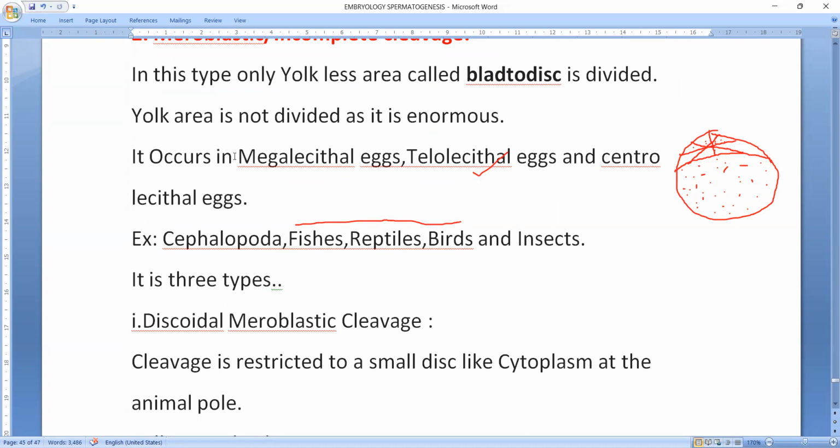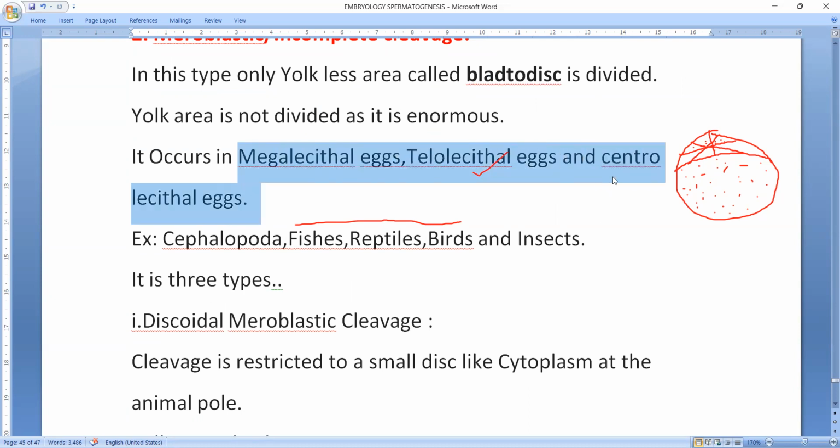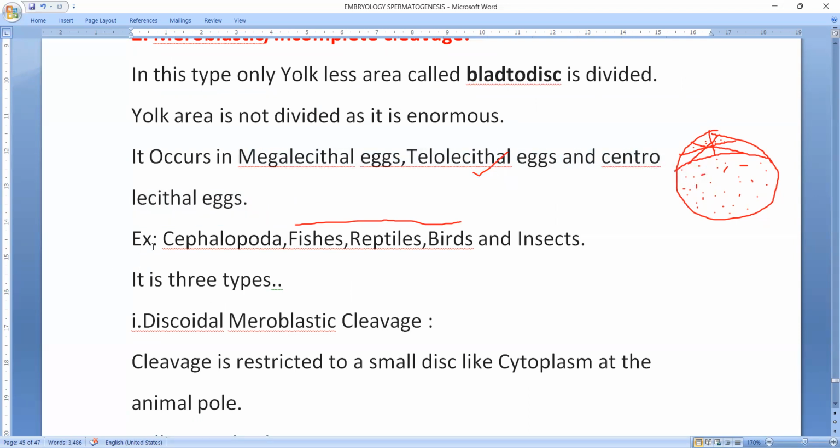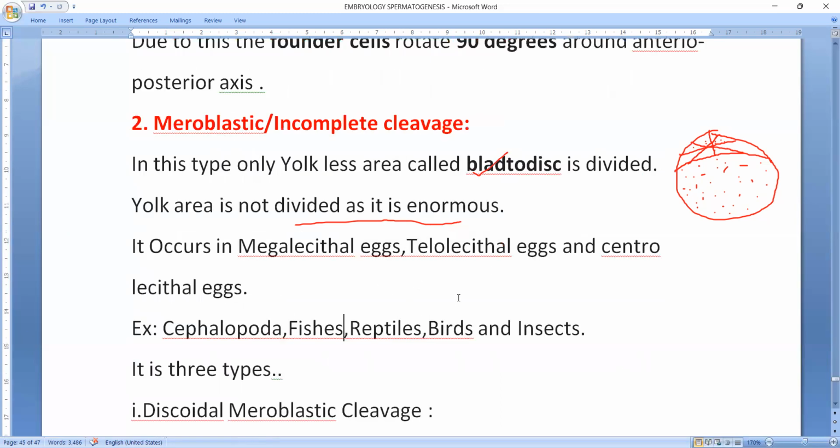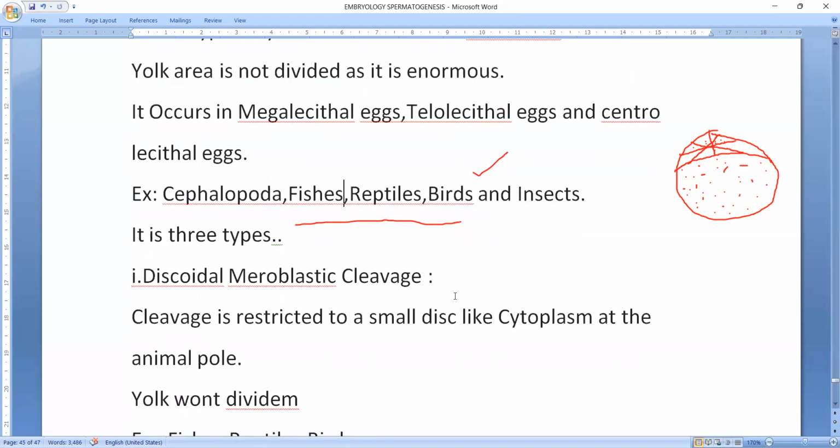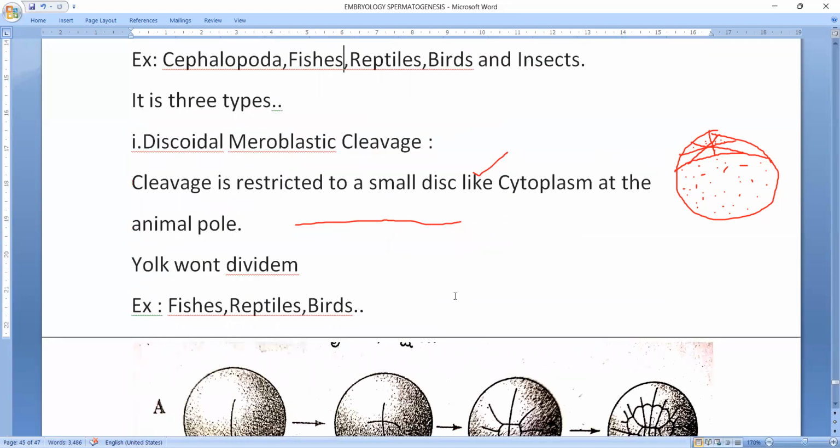So it occurs in megalethal eggs, telolethal eggs, and in centrolethal eggs. So here, cephalopoda, fishes, reptiles, birds, and insects are the examples for the incomplete or meroblastic cleavage.